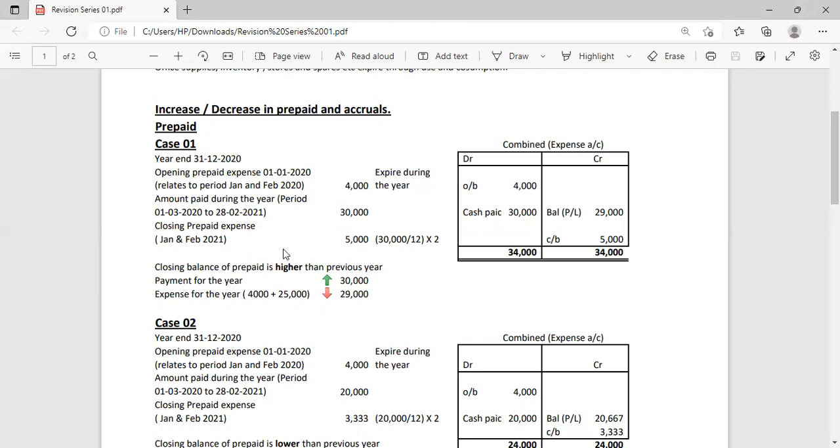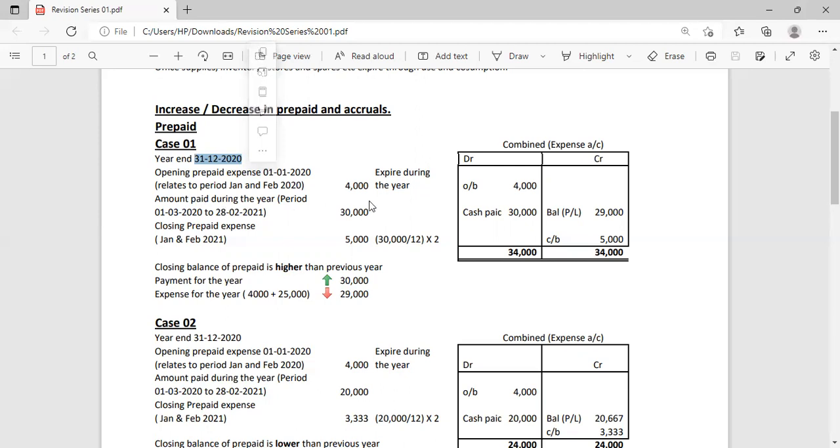In this case, you will be given the opening prepaid expense, and that prepaid expense would be related to the period January to February. Your year ending is 31st December 2020, but the opening balance of prepaid will be related to the amount which you have paid in the previous year, related to the period of January and February 2020, right?